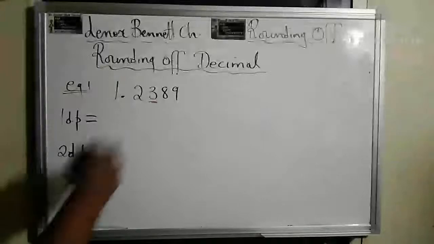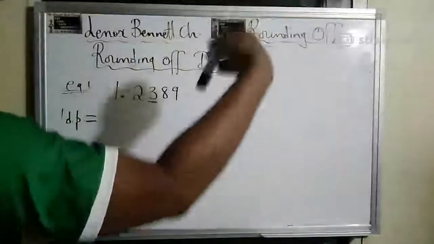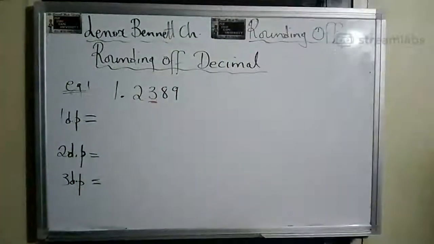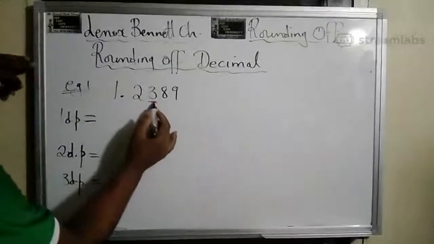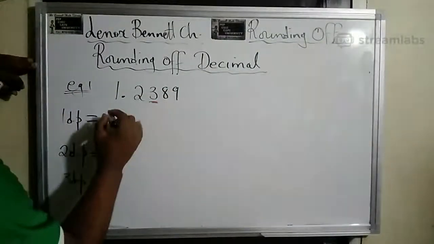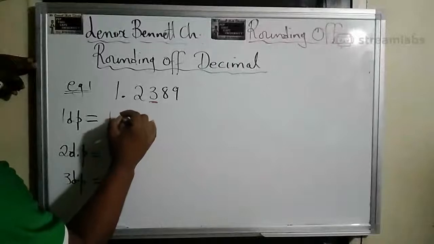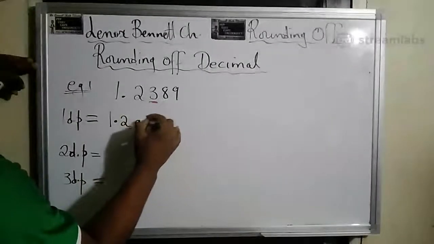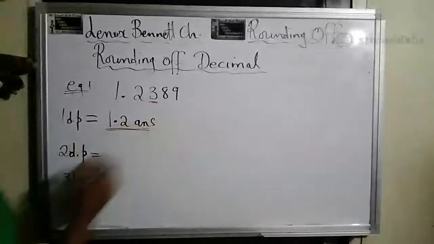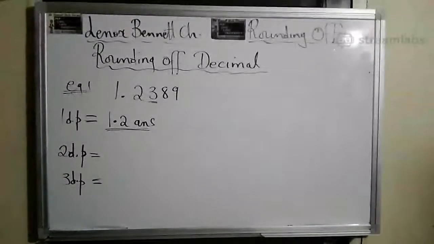If it's 5 or over, we round up. So 3 is less than 5, so we can drop it. So our answer would be 1.2. That is worth sometimes 1 mark in CSEC.